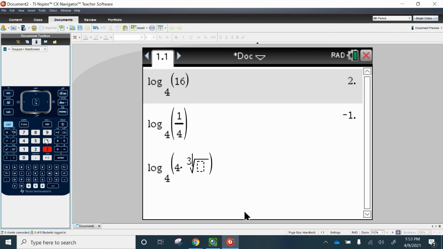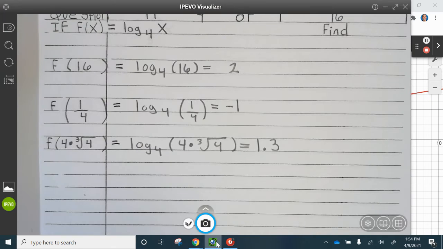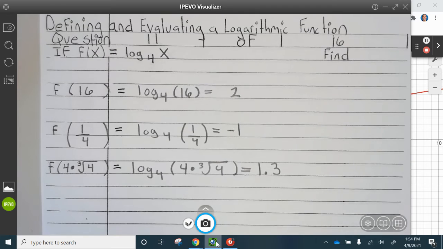So then that's the cube root, 3, 4, press enter, which is 1.333, let's just put 1.3. All right, go ahead and finish up question 11.